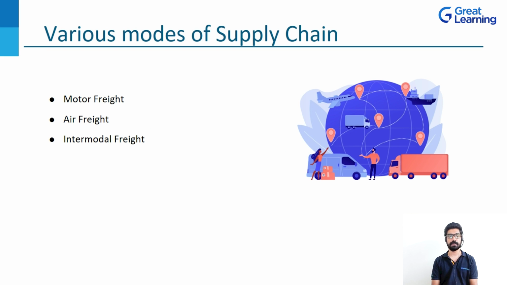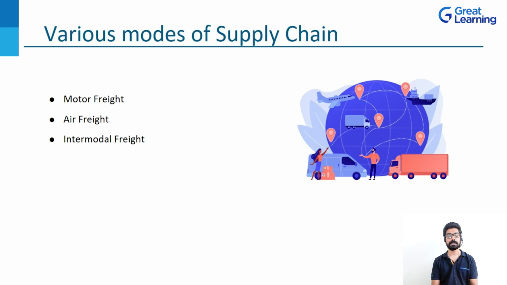Coming to motor freight. If you are shifting an item from one location to another through road, then it can be classified as motor freight, irrespective of whether it is transferred in a car, truck, jeep, or even a van. Irrespective of all those things, if it is transferred through road, it can be considered motor freight.